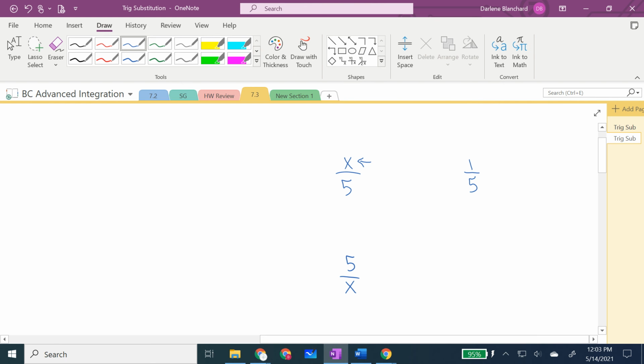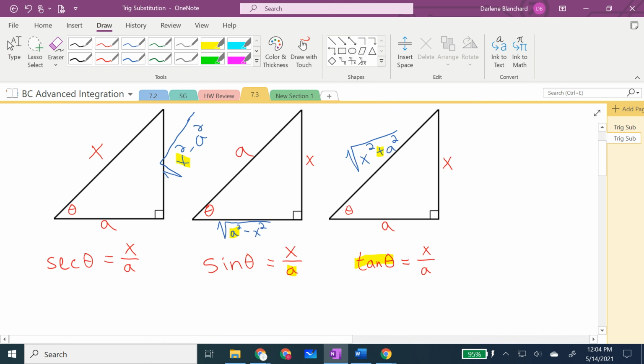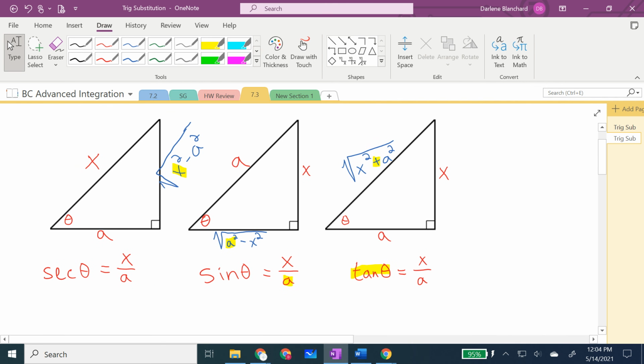You're going to take the derivative and you are going to get that. We don't want that. We really, really don't want that. So that's why these are the three best choices.